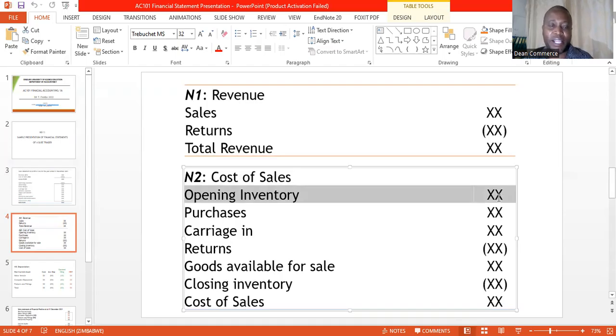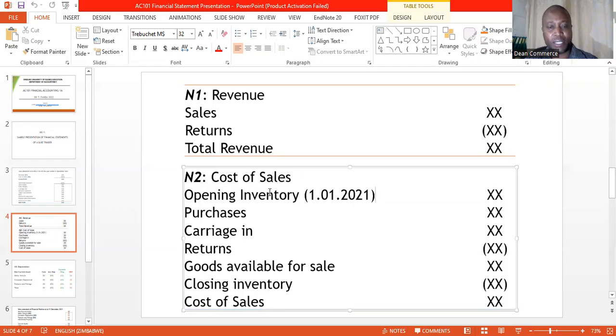So in this case, we are referring to 31 December 2021 as the end of the financial year, which means that our opening inventory would have been 1 January 2021.